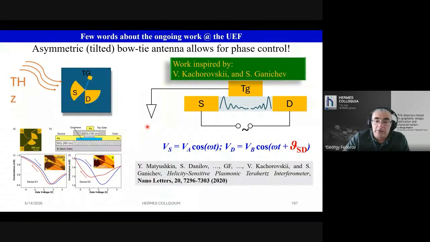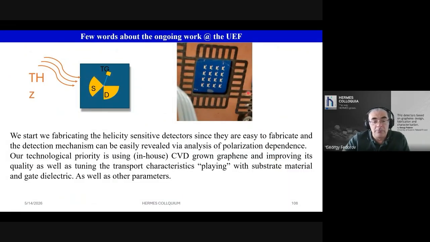But for us, what is important is that they are sensitive to light polarization, and the sensitivity to light polarization tells a lot about the quality of the graphene channel. So that's the setup and device we use to optimize the quality of the graphene channel that we're using to detect radiation. That's the beginning of our long journey towards the happy end of the HERMES project, which will result in a transceiver.